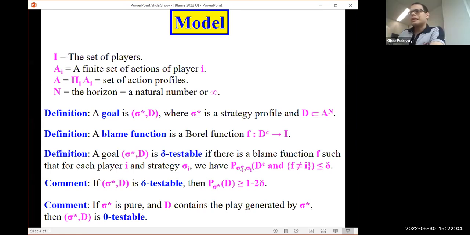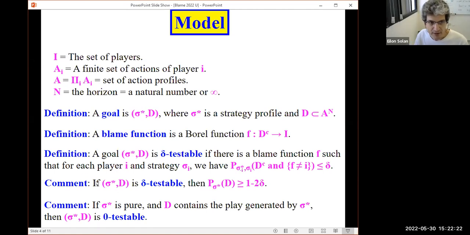But can it theoretically be that in a certain model, everyone plays according to that sigma star? We still don't reach D. Yes. I assume that's not delta testable, so it will probably not be a good example.